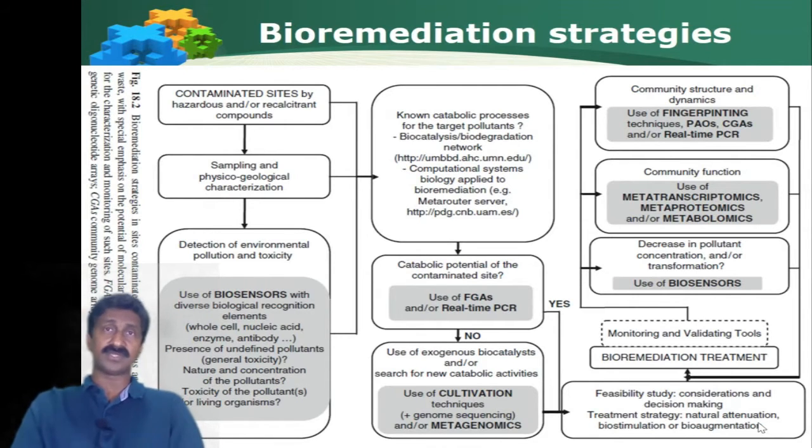In biostimulation, the naturally existing organisms will be stimulated for a better performance using some other supplementation. Whereas bioaugmentation is the introduction of some new or foreign microbe from another site, which is not normally present in that site, and we will see those details in the next slides.